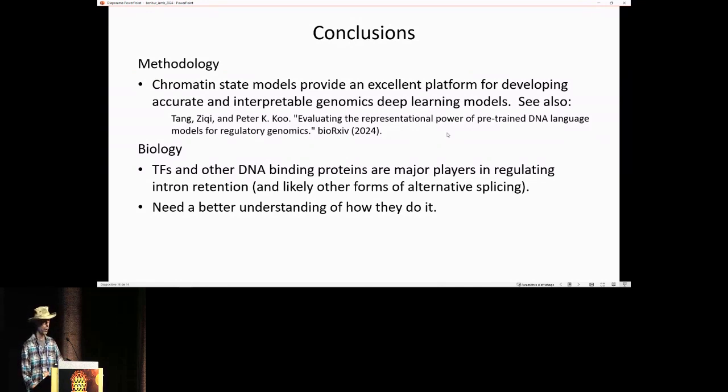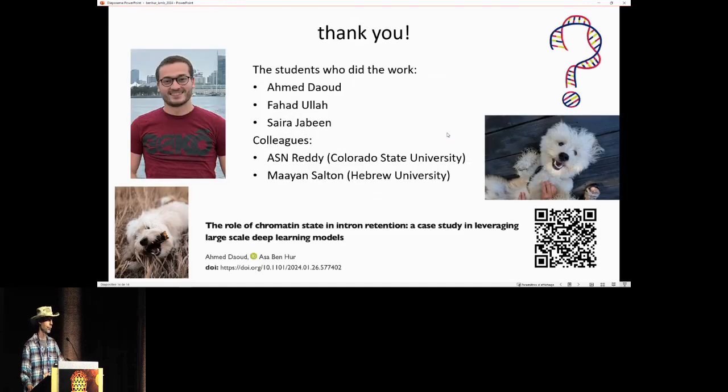And probably there needs to be some biological follow-up on the transcription factor connections that we have found. So with that, I'll thank the students who did the work, and there's a link to a bioRxiv preprint for this work. Thank you. Thank you very much.